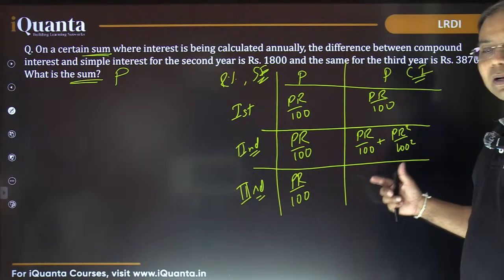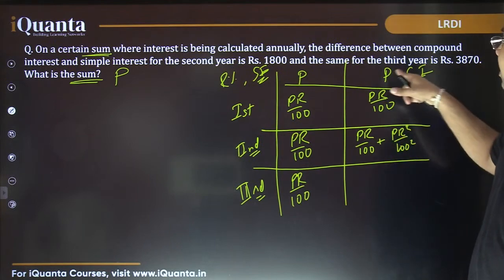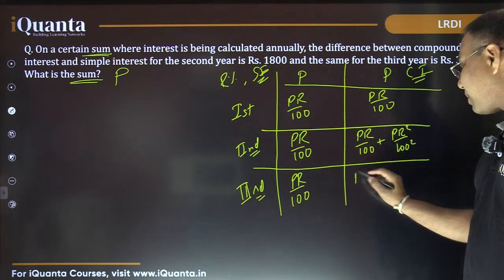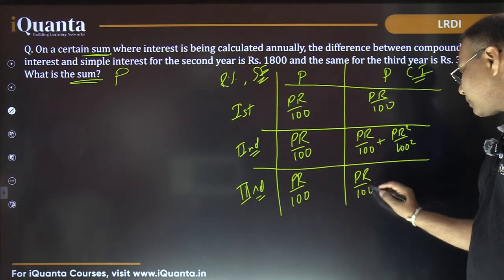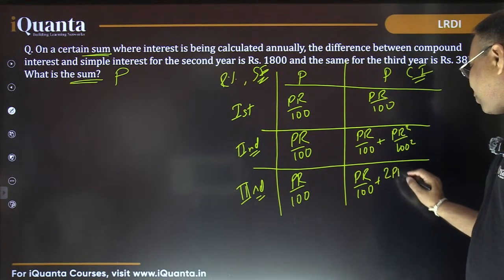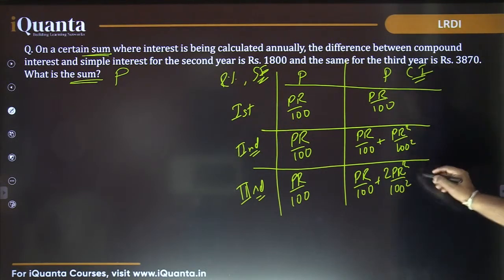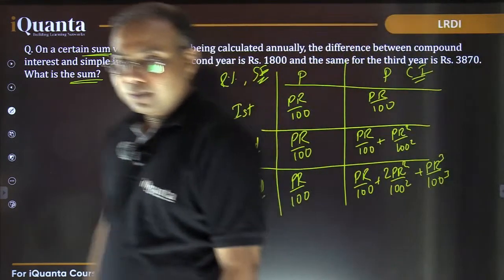It is going to be R by 100 of all these four values, right? So R by 100 of this, that is PR by 100, plus R by 100 of these two also, that is 2PR square by 100 square, and R by 100 of this also, that is PR cube by 100 cube. Is it fine? I hope it is fine.